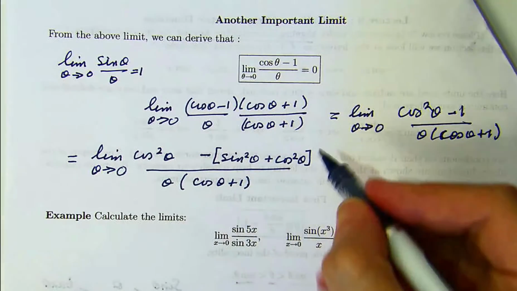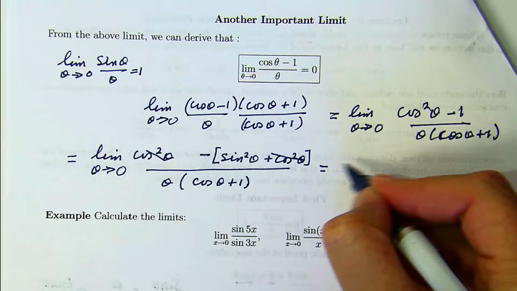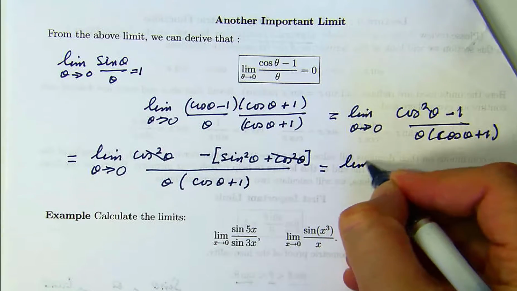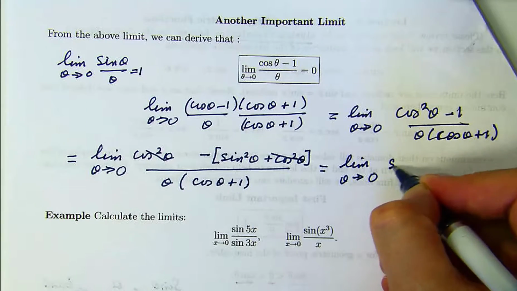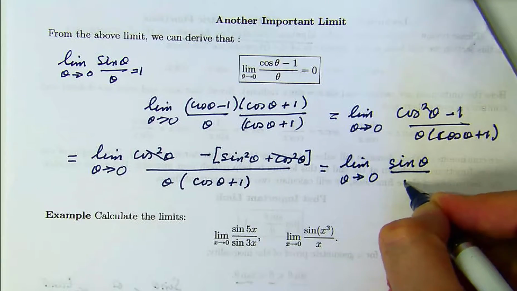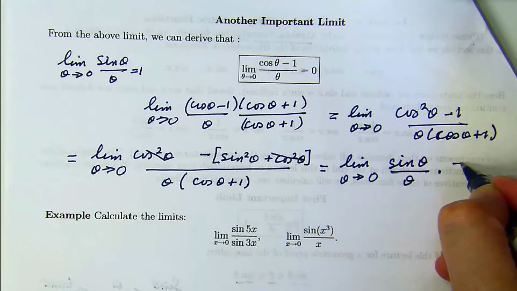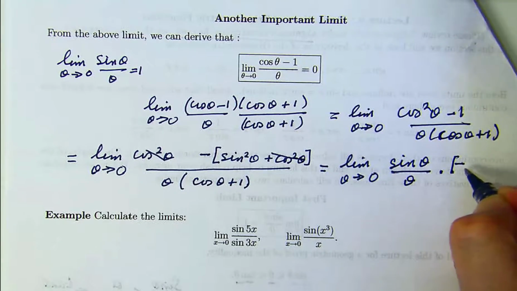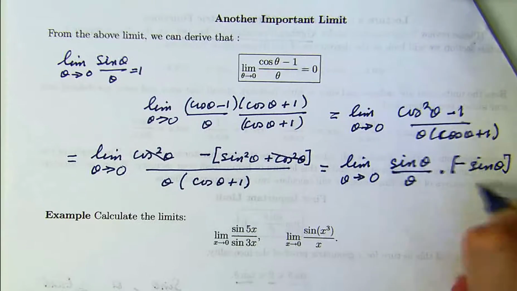And now we get a little cancellation in the numerator, and this is the limit as theta goes to 0, and I can take one of those sine thetas from the sine squared theta, divide it by theta, and then it's the limit of that times the limit of minus sine theta over cosine theta plus 1.